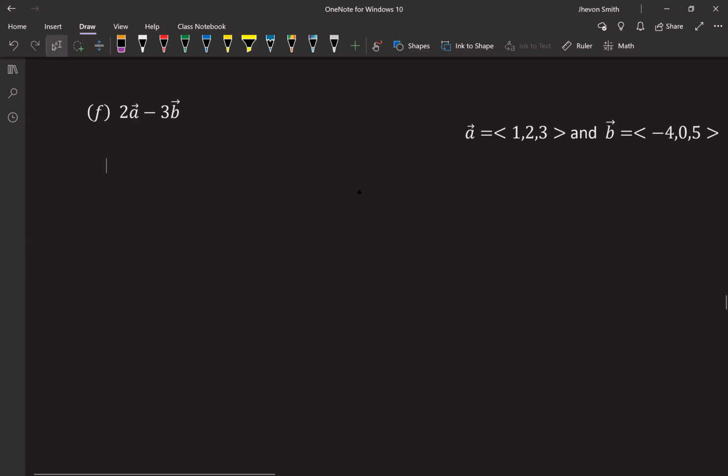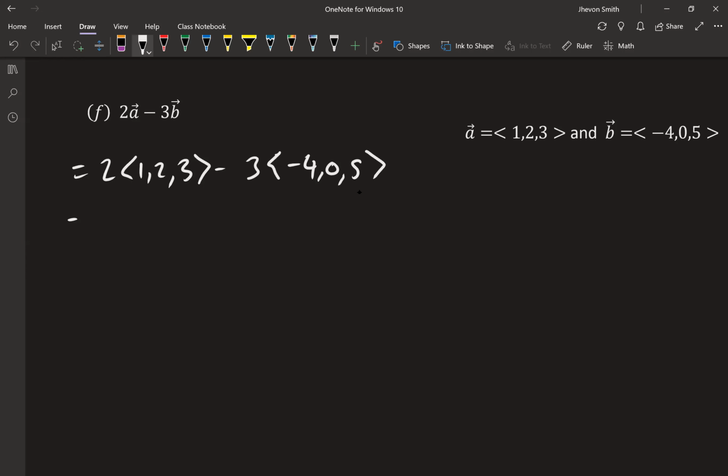Okay, and here, this is 2 times a, 1, 2, 3, minus 3 times b, minus 4, 0, 5. We actually computed each of these individually, but you can compute them again on the spot. 2, 4, 6, minus minus 12, 0, 15.